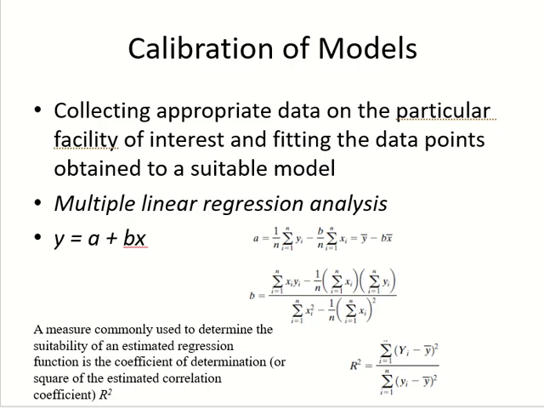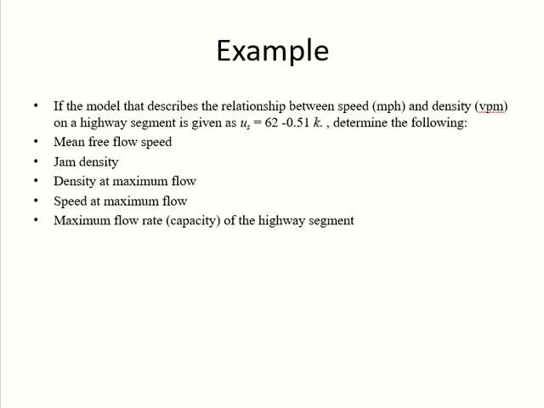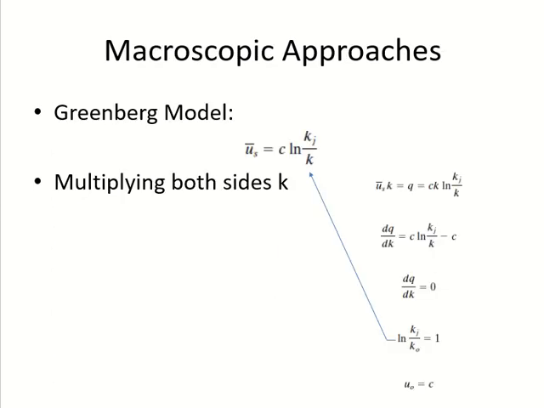So x is the input, y is the output. Clear? So if you take the mean of output minus b, what was b? The slope, times the mean of input. Now if you look at the equation, what is my input, what is my output?